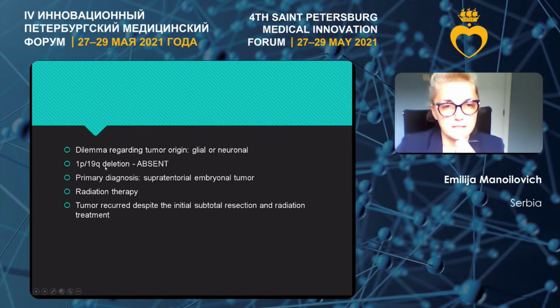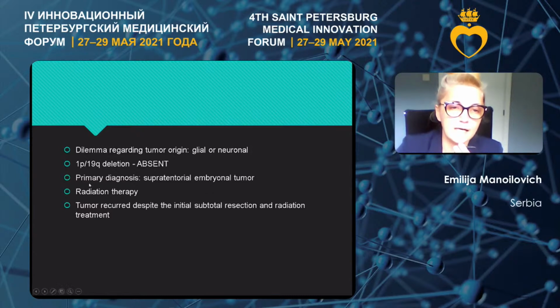So the absence of this 1p19q co-deletion doesn't mean that this tumor could not be oligodendroglioma or just glioma. So after days and weeks of discussion, we decided that this tumor could be a supratentorial embryonal tumor.